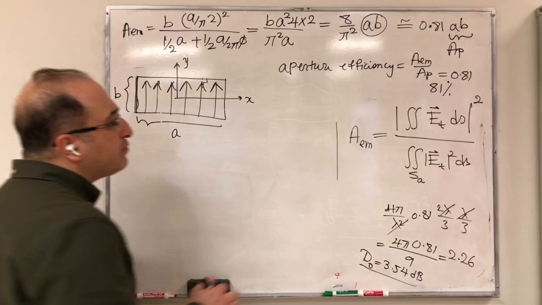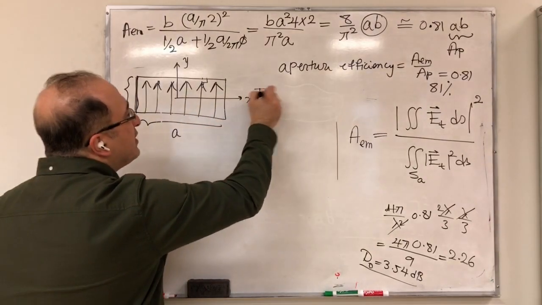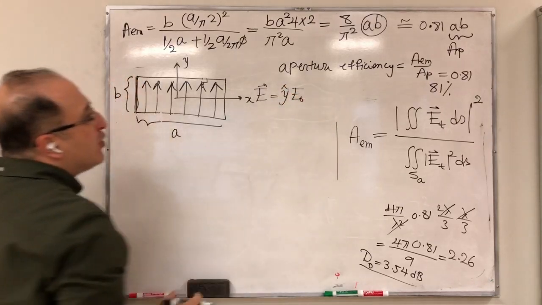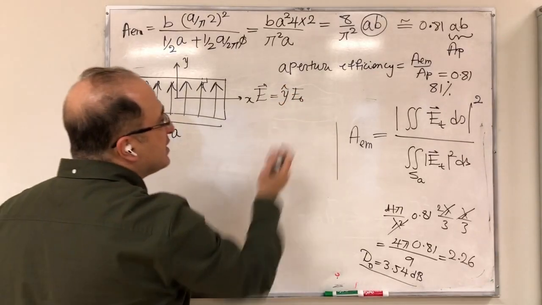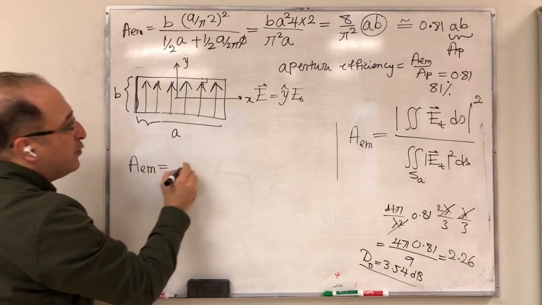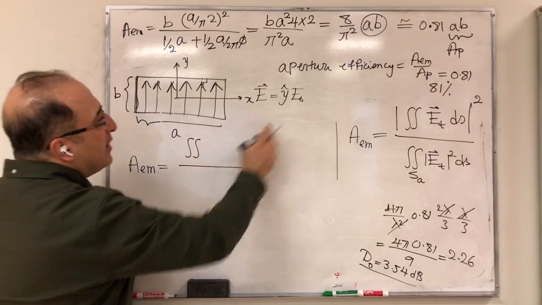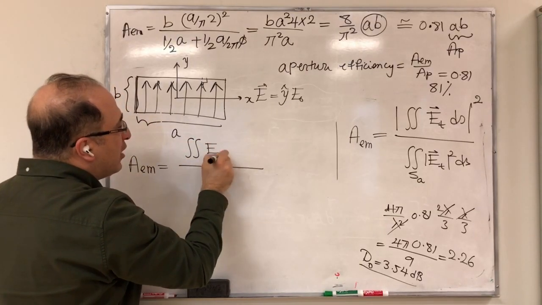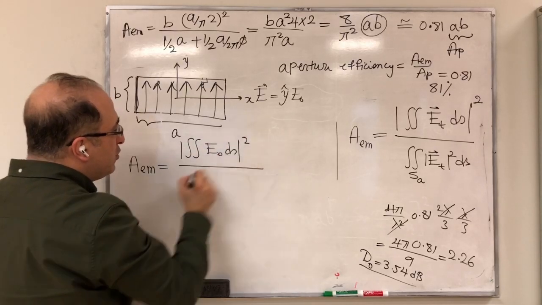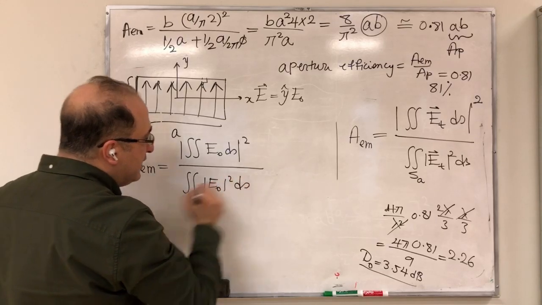Now, if you go by this again, what would be the electric field in this case? It would be y hat E naught. You see, I don't have any cosine or anything like that. It's just E naught. Therefore, my effective area would be equal to the integration over area, and this is simply E naught for me, and ds to the power of 2, and then E naught square ds.